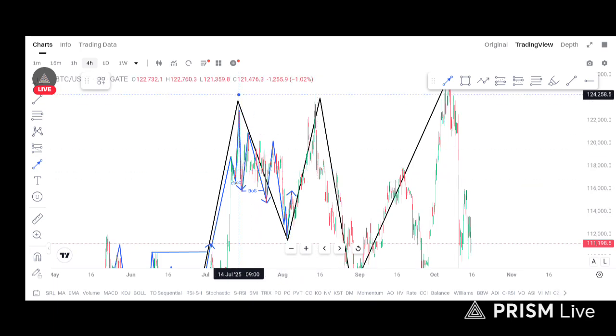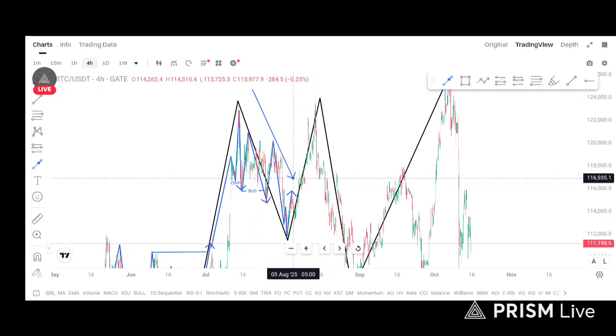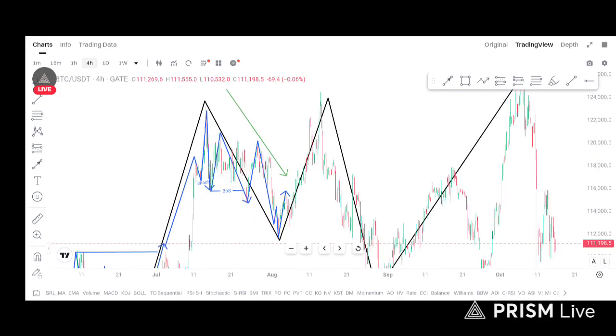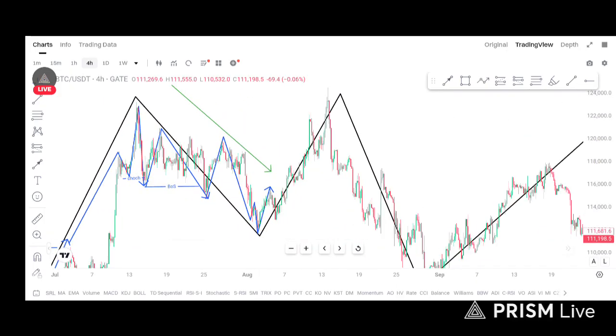Let's use this arrow to note that this pullback that just happened there is over. Does it mean that pullback is over? No, this first break does not mean that.